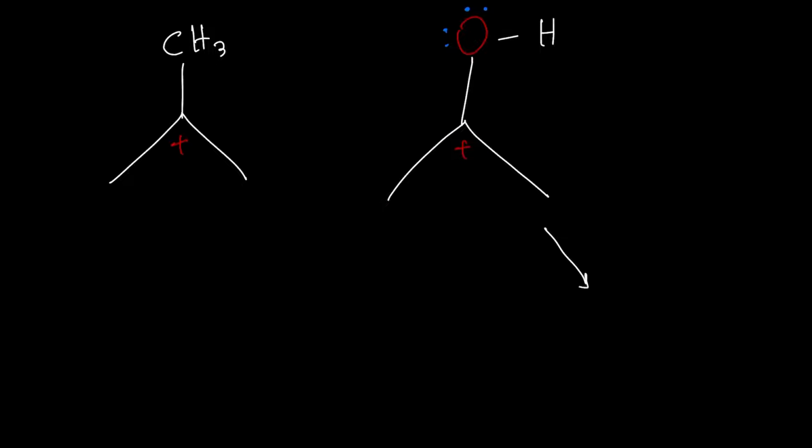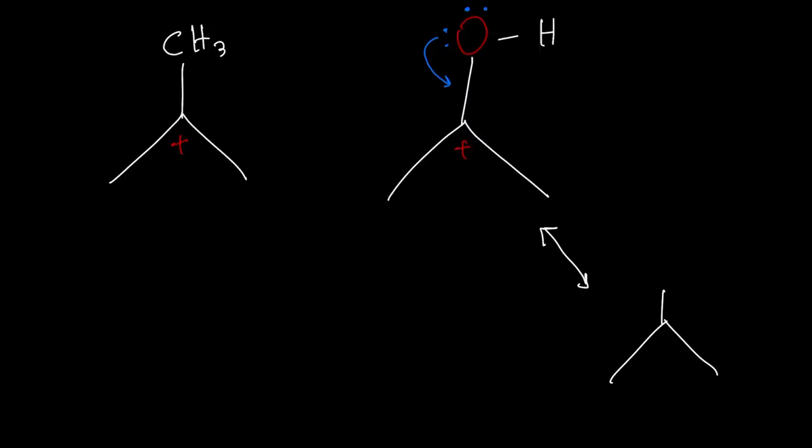If you draw resonance structures for this compound, you can see what can happen. One of the lone pairs on the oxygen can attack this bond and form a pi bond. Since the electrons would be moving toward this carbon, it would lose its positive charge.